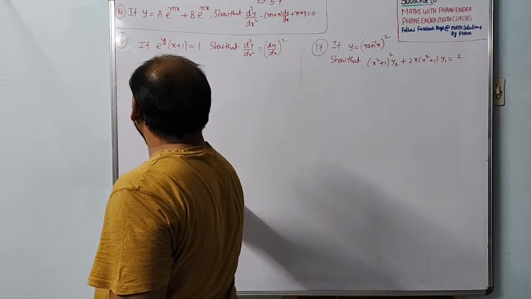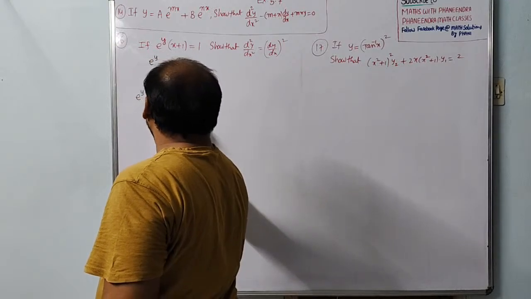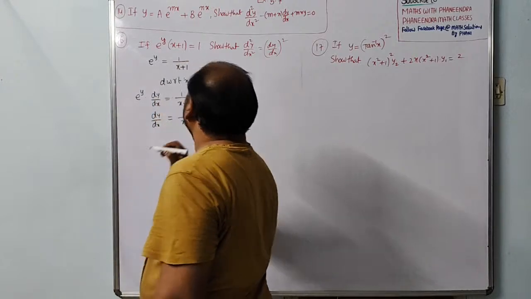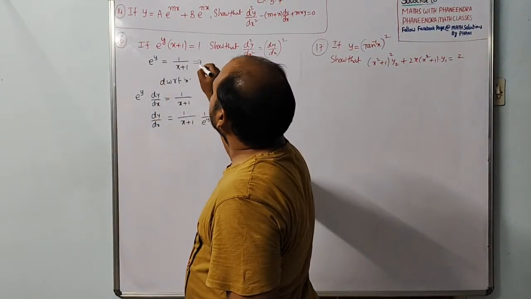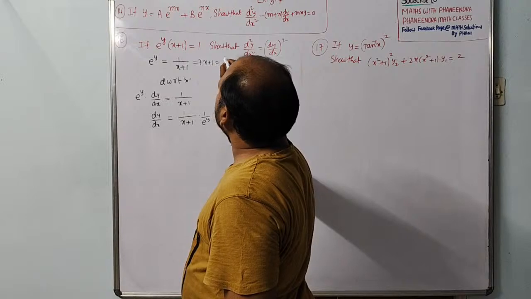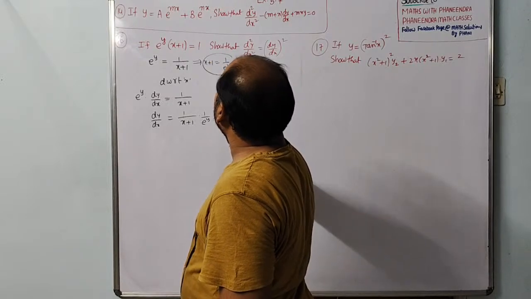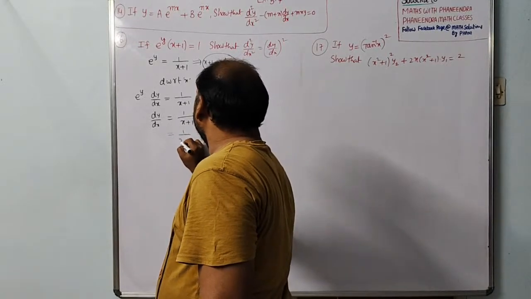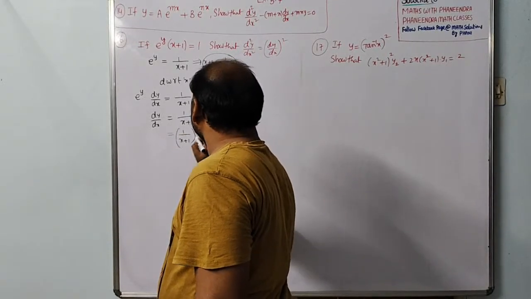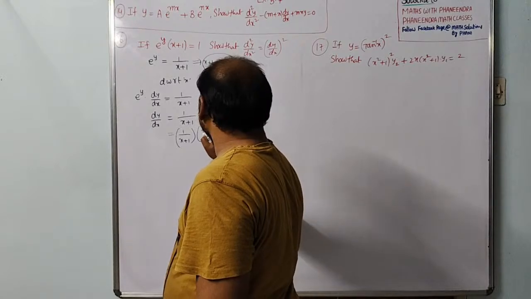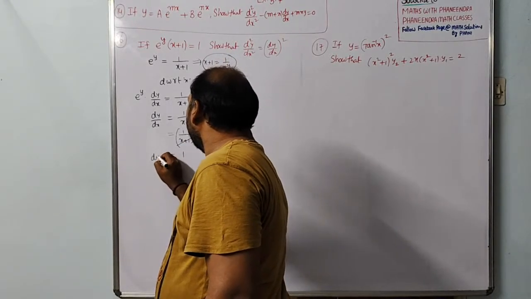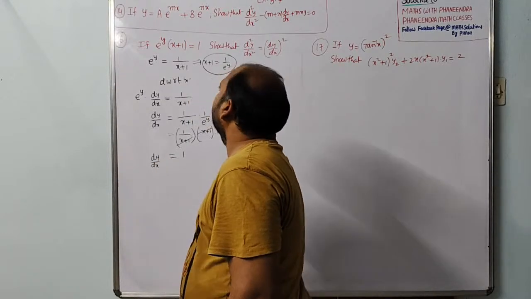So dy by dx is equal to 1 by x plus 1 into 1 by e power y. From this also, x plus 1 is equal to 1 by e power y only know. So 1 by x plus 1 into 1 by e power y is x plus 1 only know. So dy by dx we got it.